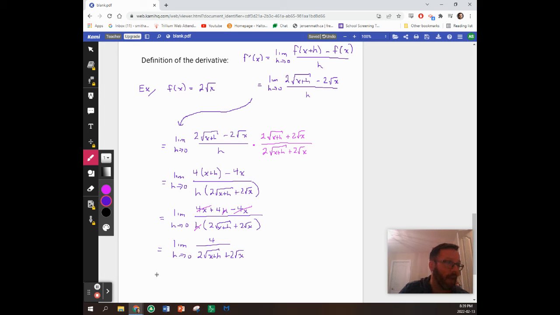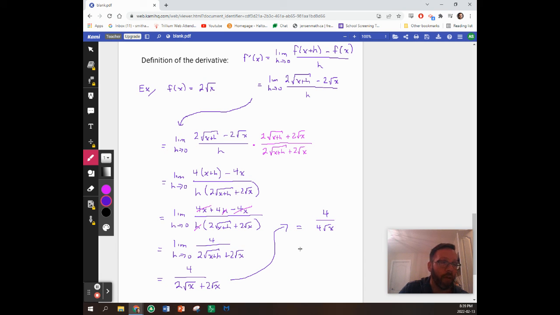This is something that we can plug h equals 0 into. We get 4 over 2 root x plus 0, which is just x, plus 2 root x. Keep simplifying. 2 root x plus 2 root x is 4 root x.